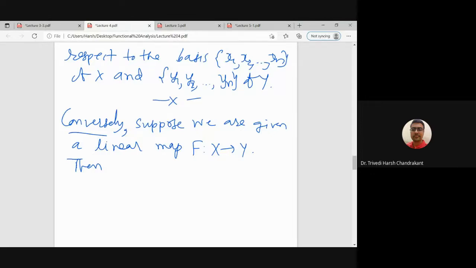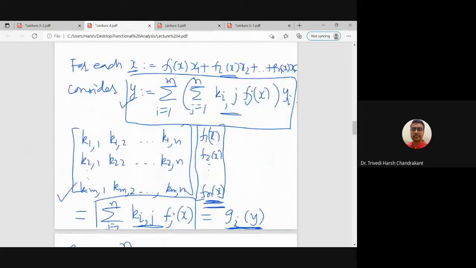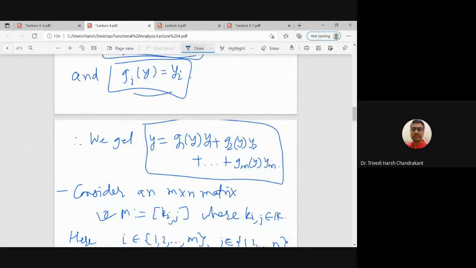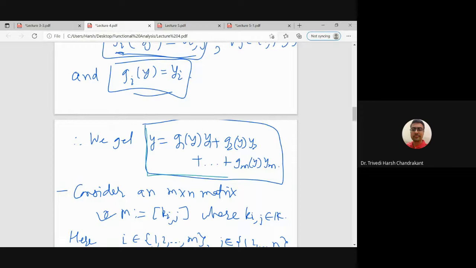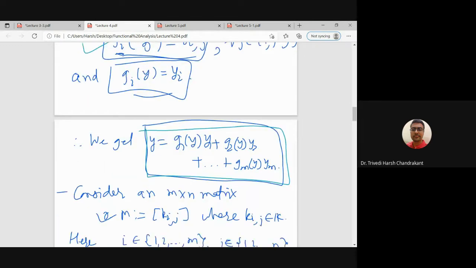Then we use the decomposition of y. What is the decomposition of an element of y? Y has basis y1, y2, ..., ym. So we can define coordinate functions such that each y we can write as g1(y) y1 plus g2(y) y2 plus ... plus gm(y) ym.